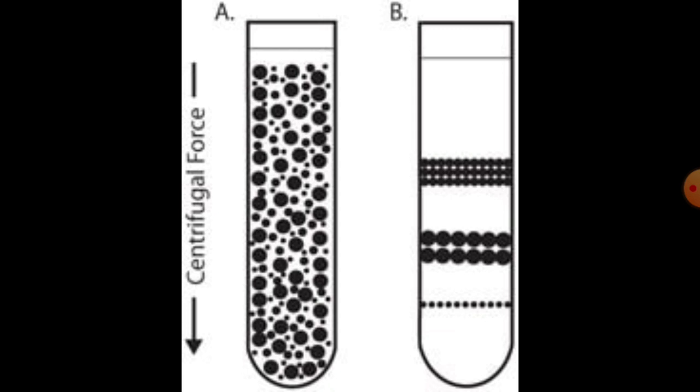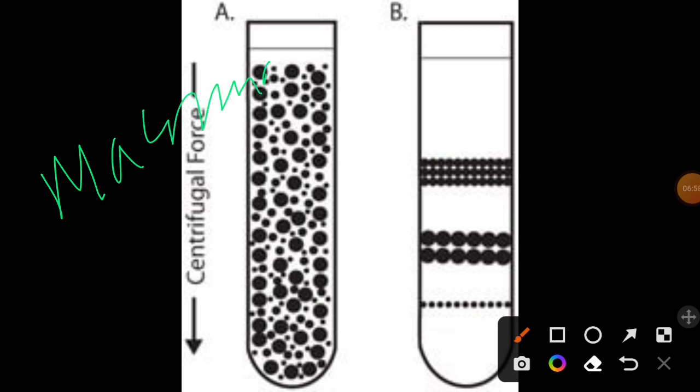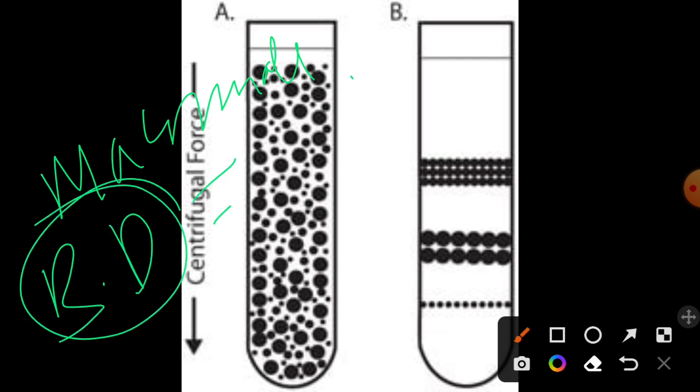So a similar thing is going on in isopycnic centrifugation, in which the macromolecule will stop sedimenting when its buoyant density matches the density of that particular position of the column.